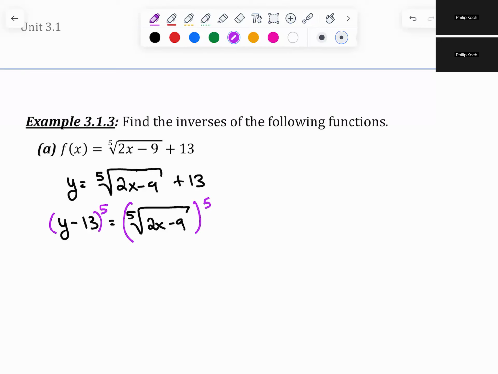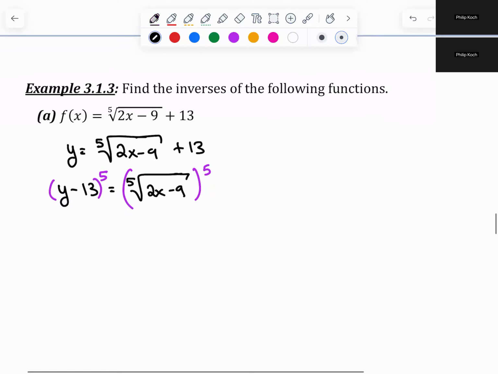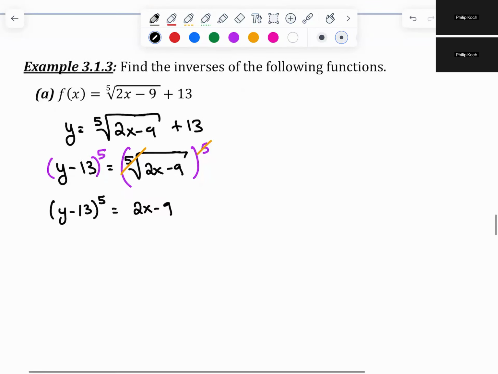I mean, you could, but it's just going to be an awful mess when you don't really need to. And that will cancel the 5th root and the 5th power on the right-hand side. Now we've got y minus 13 to the 5th is equal to 2x, where we'll add 9 and divide by 2. So I'll show that in multiple details, but if you feel comfortable skipping algebra, be my guest.